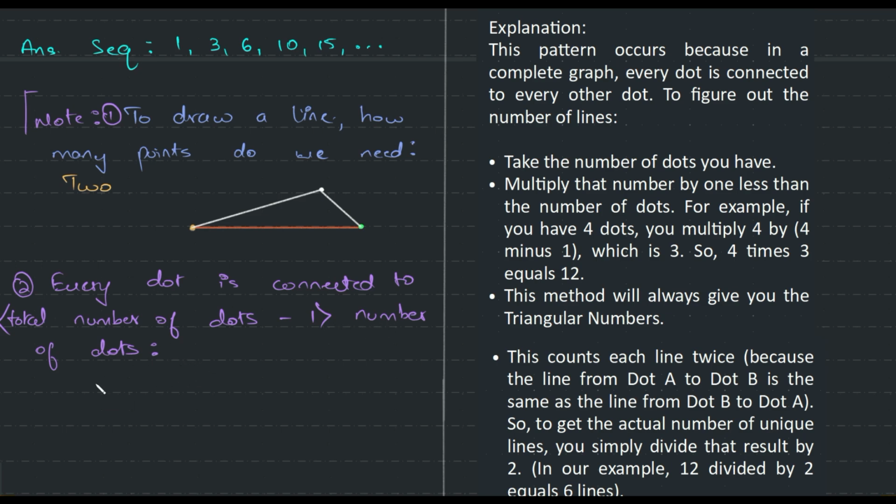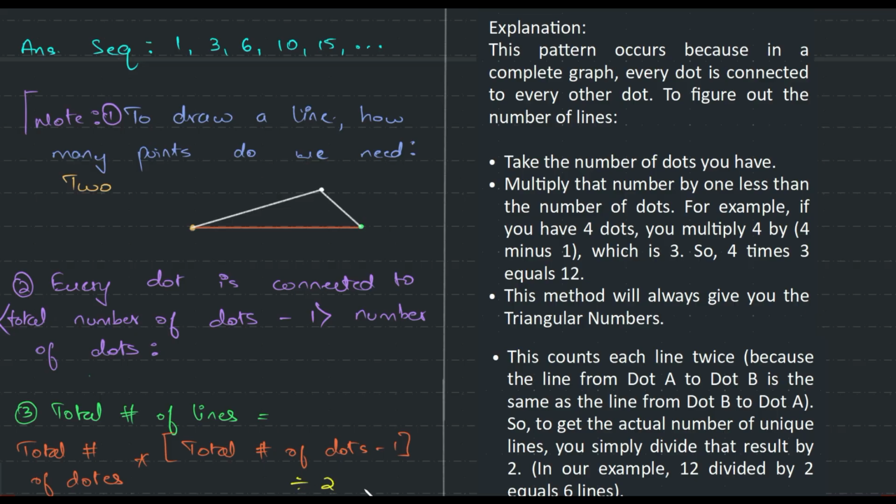So basically we are looking at: total number of lines is equal to total number of dots times total number of dots minus 1, divided by 2.